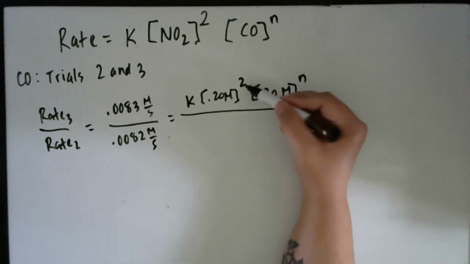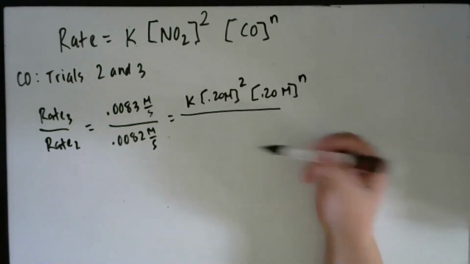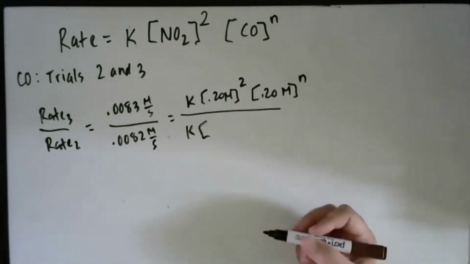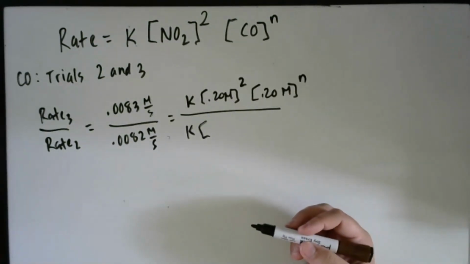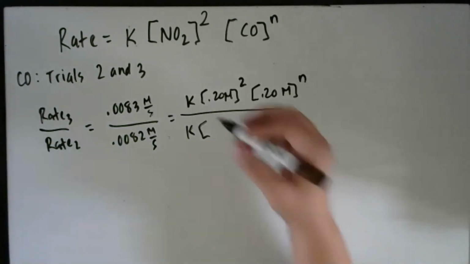And you can put this as a 2 or not. You can keep it as an M because it's going to cancel out anyway. But since we know what it is, I just put it in there. Then we're going to divide that by the concentrations from trial 2, where the NO2 is 0.20 and the CO is 0.10.